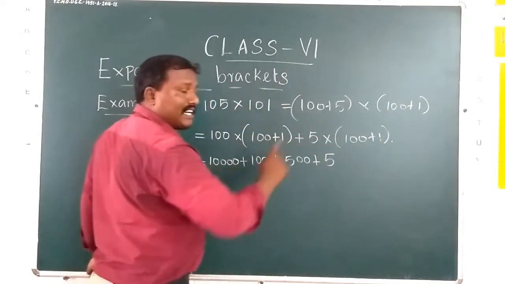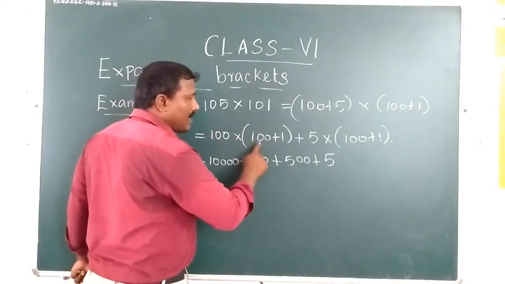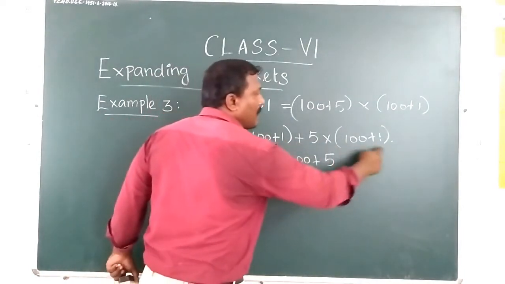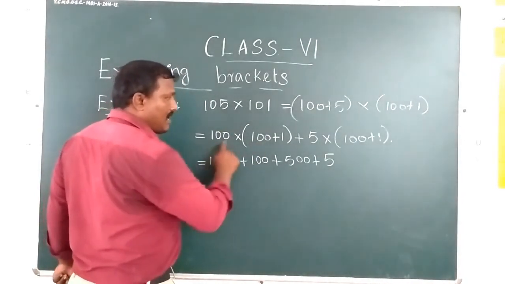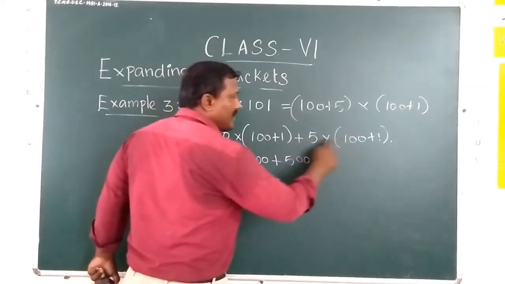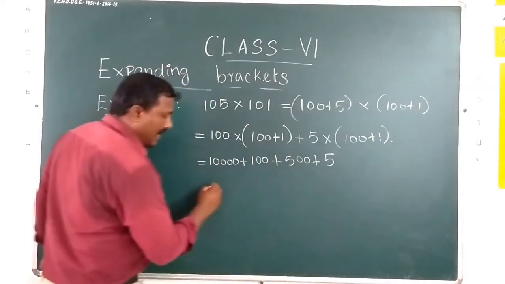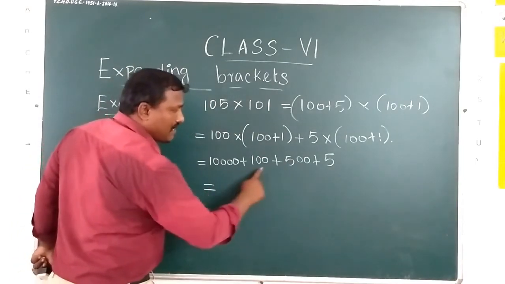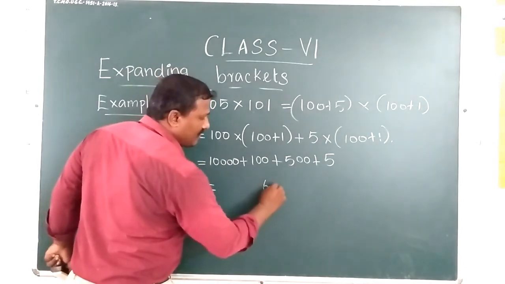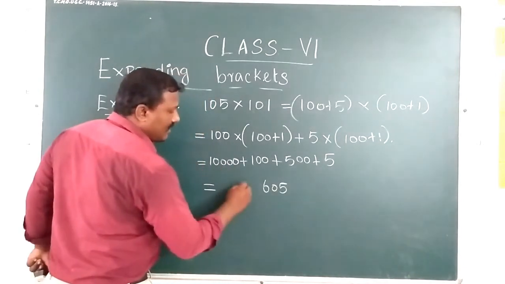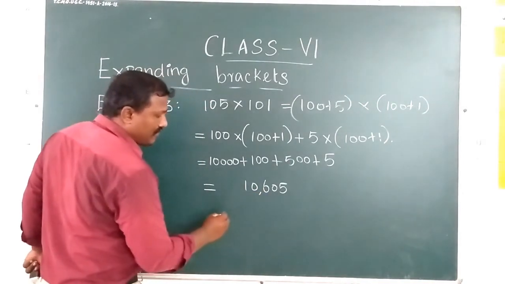So 100 into 100 is 10,000, 100 into 1 is 100, 5 into 100 is 500, 5 into 1 is 5. Now I am going to add. So 500 plus 100, 600, 600 plus 5, 605. Then here 10,000, so put 10. Now 10,605 is the answer.